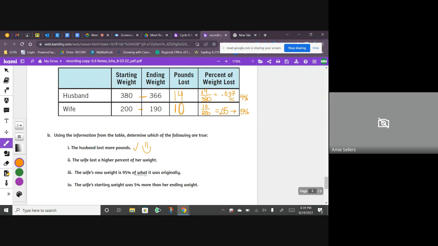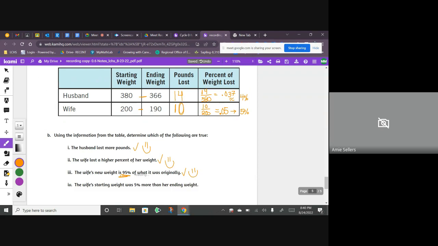He lost 4%, so she did lose a higher percent. That is true. The wife's new weight is 95% of what it was originally. So she lost 5% of her original weight, which means that she has 95% of her original weight because she only lost 5%. So yes, she is at 95% of what she was originally.